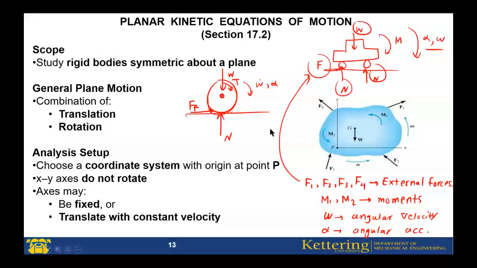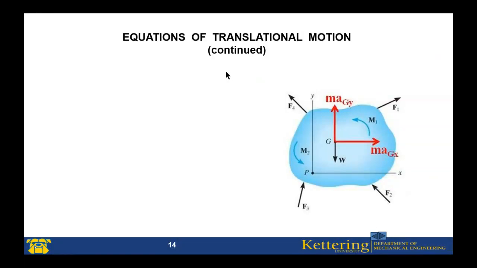Now, for these cases, how can we relate the external forces and the moments? How can we relate them? First, we want to write the equation of motion for a translational motion.